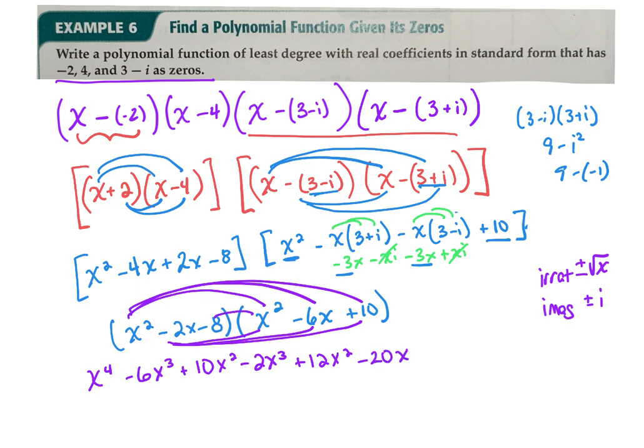So negative 8 times x squared, negative 8 times negative 6x, and negative 8 times 10.